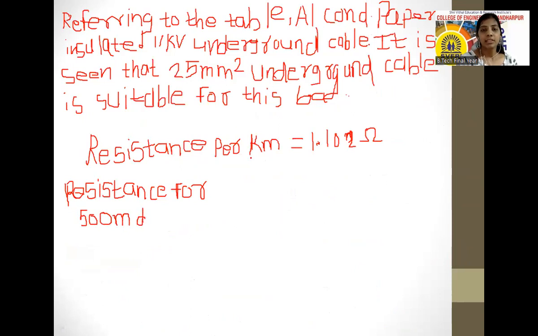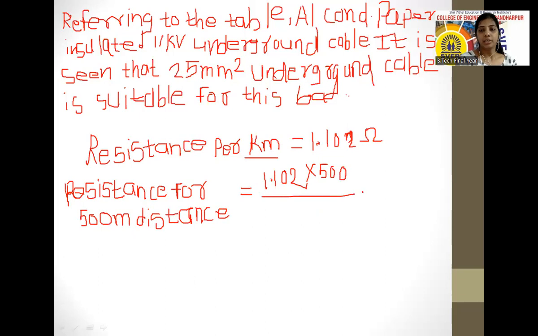Okay, here resistance is mentioned in kilometer. Now we have to calculate the resistance for 500 meter. So for that, what we will do, 1.102 multiply by how much is the distance? 500 meter divided by 1000.